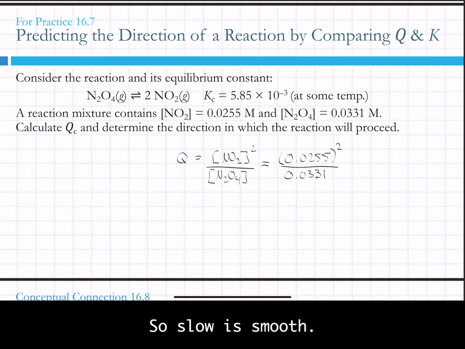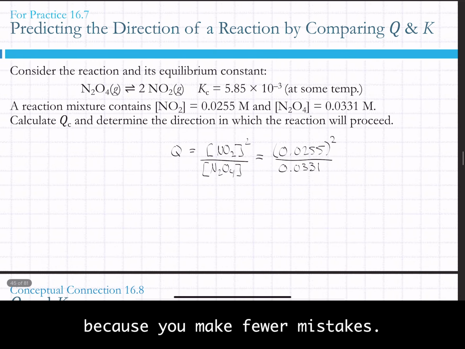So slow is smooth, smooth is fast, because you make fewer mistakes.